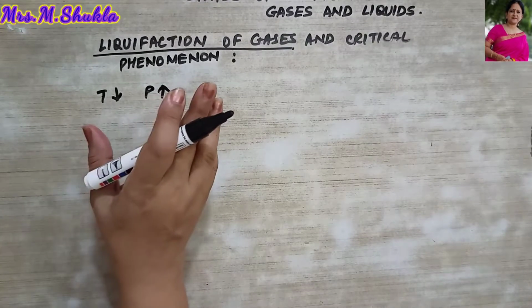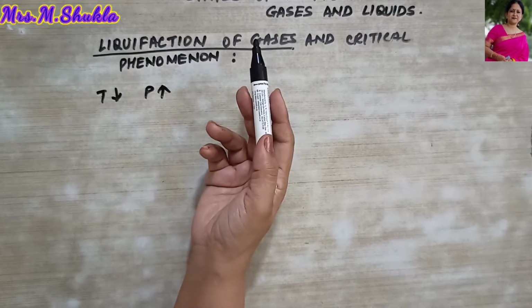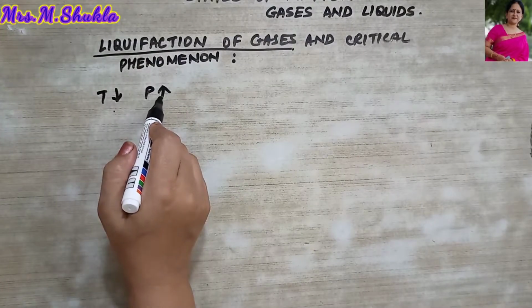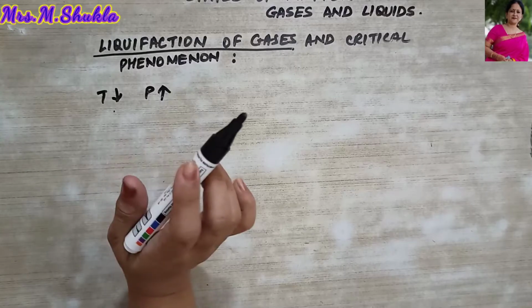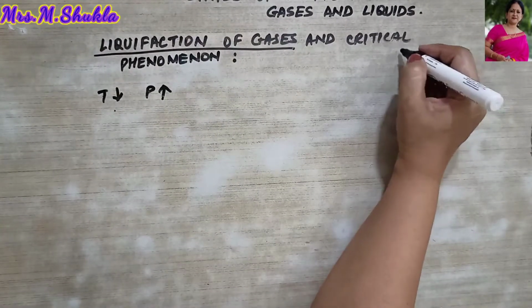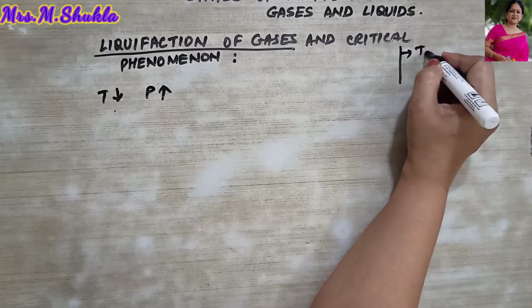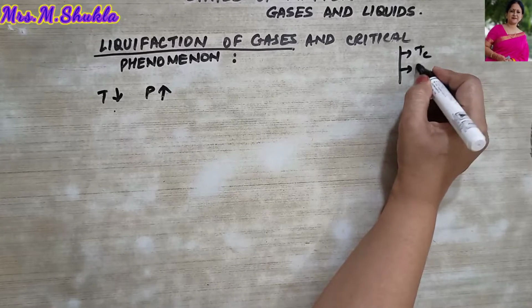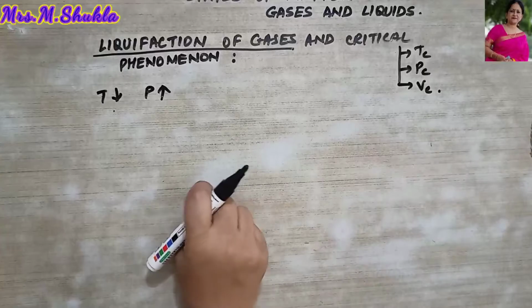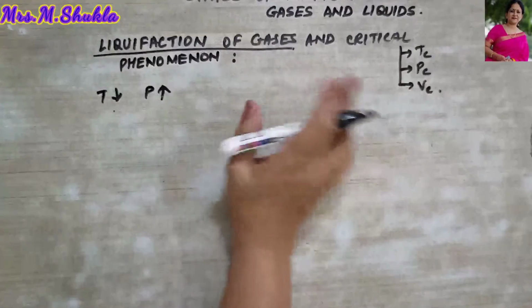I repeat, liquefaction of gases means liquefying the gas by lowering the temperature and increasing the pressure. And by critical phenomena, we are going to talk about the critical temperature, the critical pressure and the critical volume. Clear?